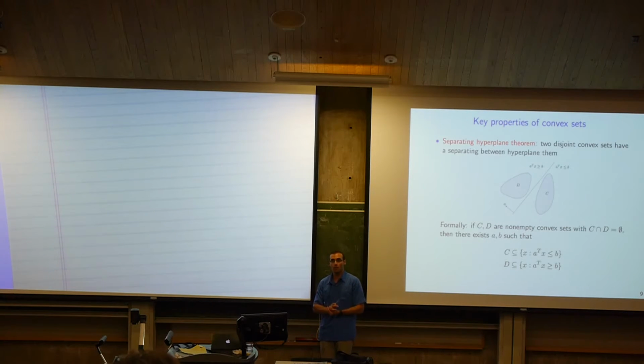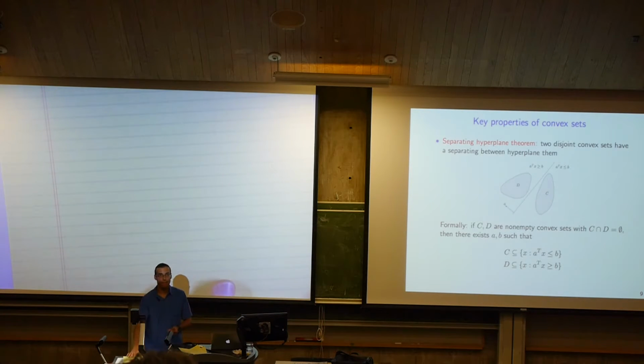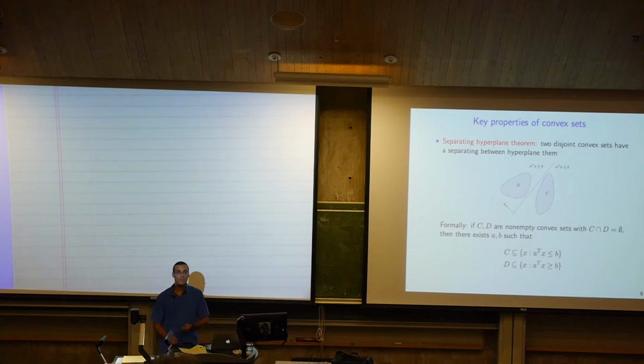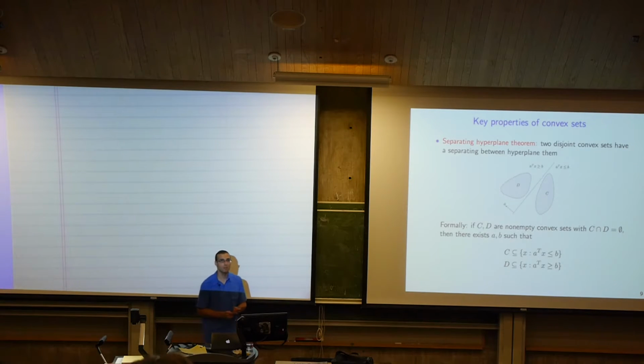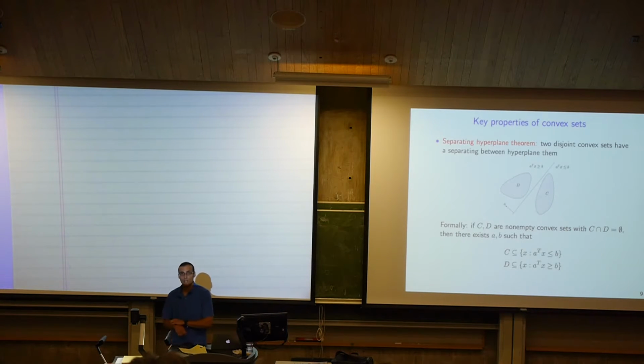I'm telling you that A and B don't intersect. So if you don't think it's possible, then yell out a counterexample. So I have two convex sets. I want to have a hyperplane that strictly separates them.